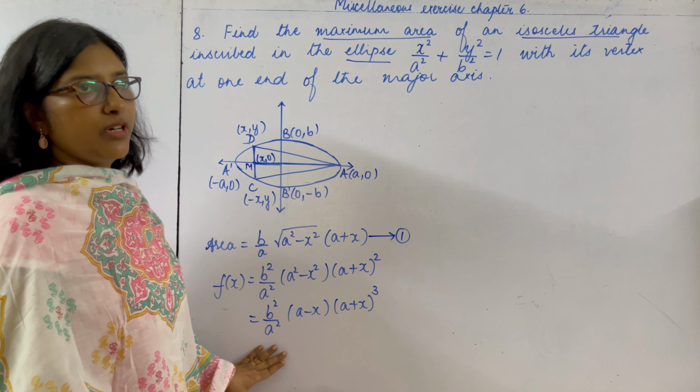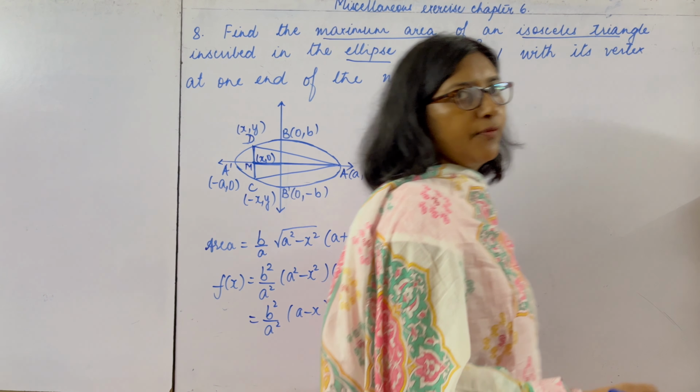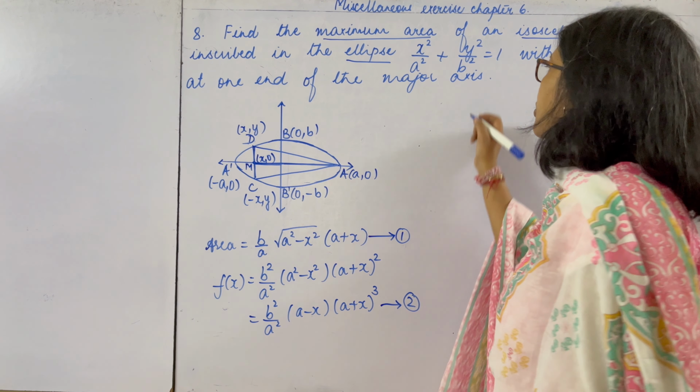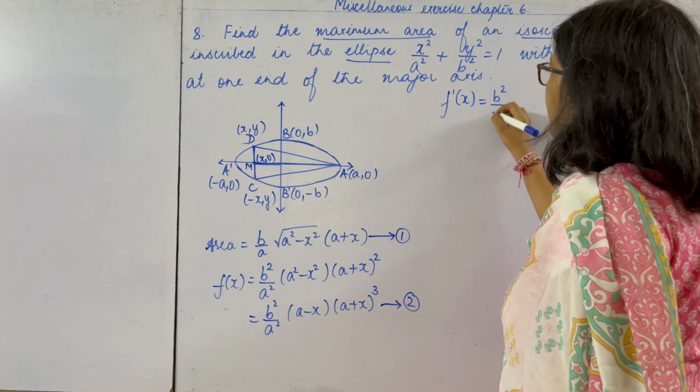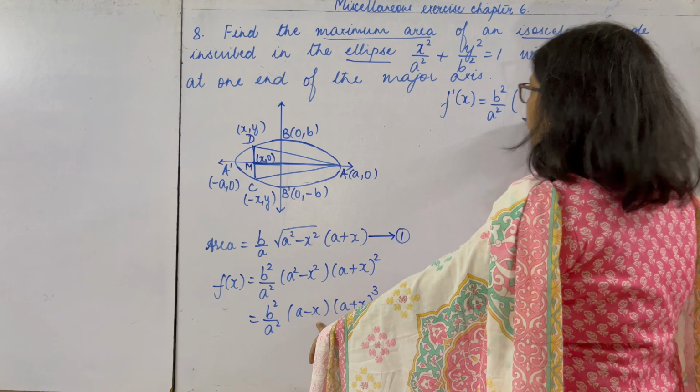Now this is our function, and as we know, for maximum and minimum kind of questions, the first step after finding the function is to find f dash x. So let's differentiate this. B square upon a square is constant as it is, using u into v for this one.